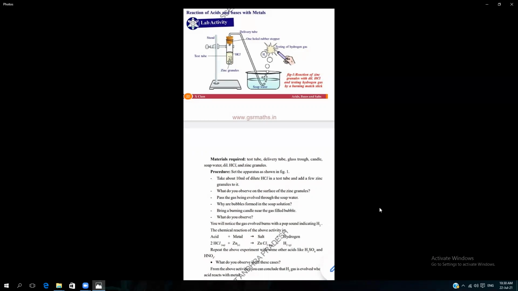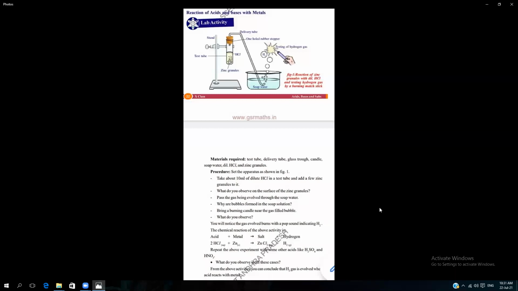What products will we get? Anybody? What do you observe in all these cases? From the above activities, you can conclude that H2 gas is evolved when an acid reacts with metal.